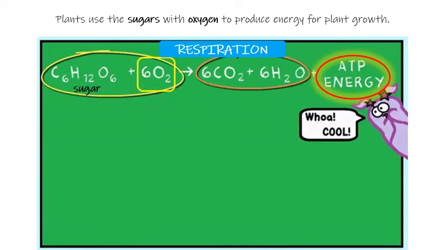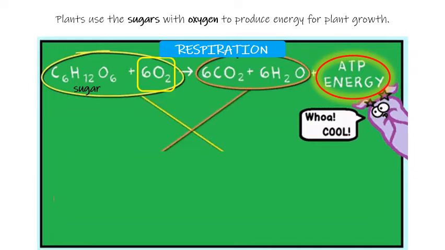So, plants breathe oxygen. Actually, all organisms breathe oxygen. Plants, animals, and us, we use oxygen to make the ATP energy. So the main function of breathing is not to get oxygen just to store it.